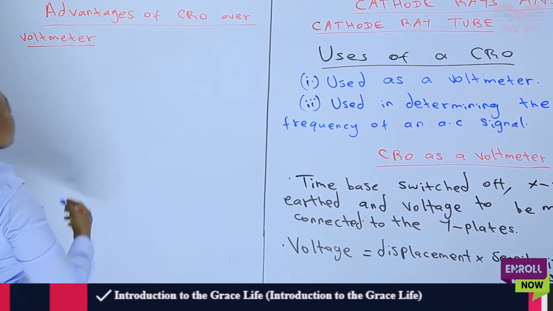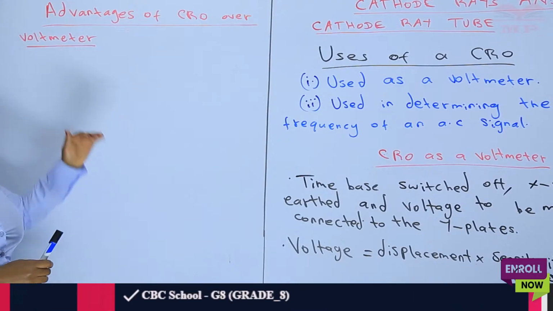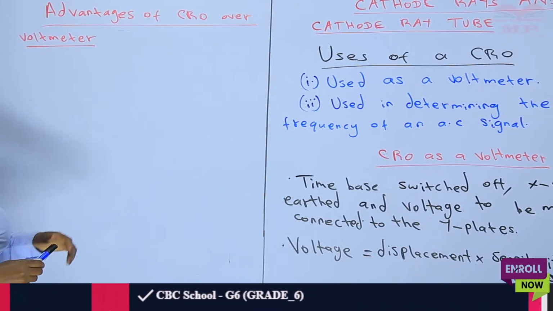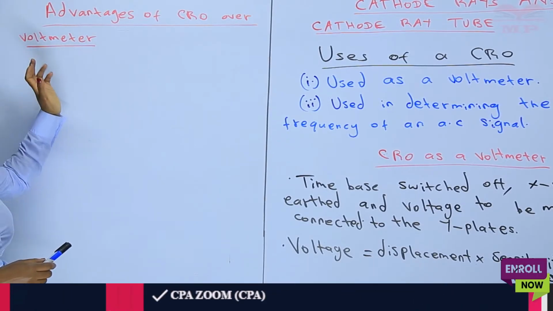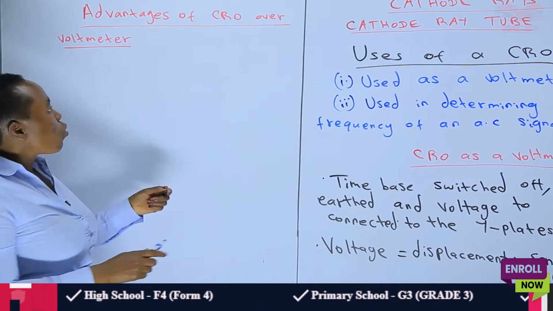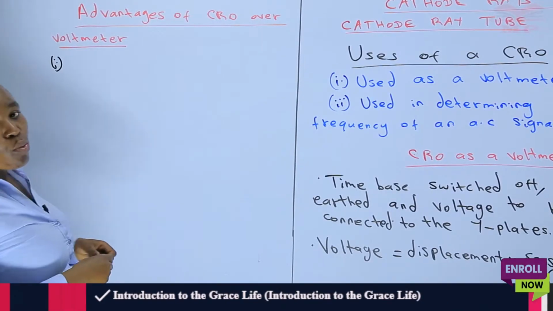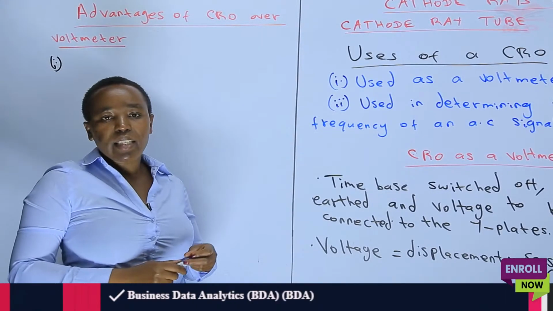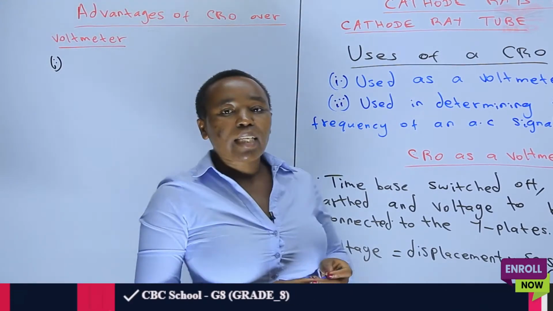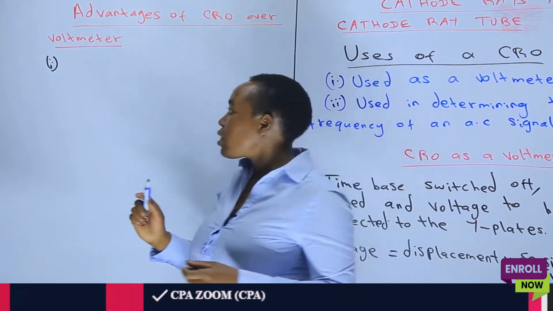Now, a CRO as a voltmeter, we have seen that it can be used as a voltmeter. What are the advantages of the CRO when used as a voltmeter over the ordinary meters? So one of the advantages is that it can be used to measure both direct current and alternating current voltages. That's number one.